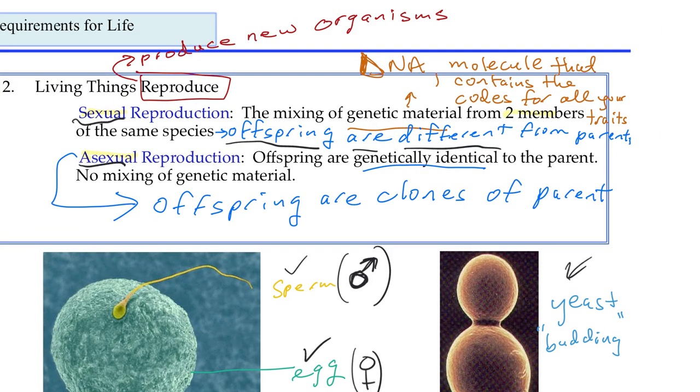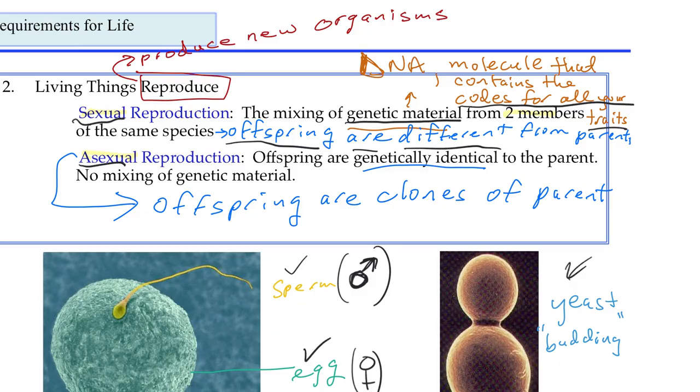All living things have genetic material. And again, genetic material contains all the chemical codes for the traits that make you up.